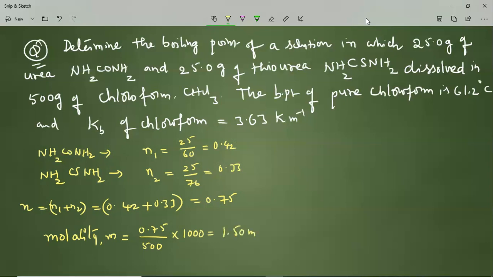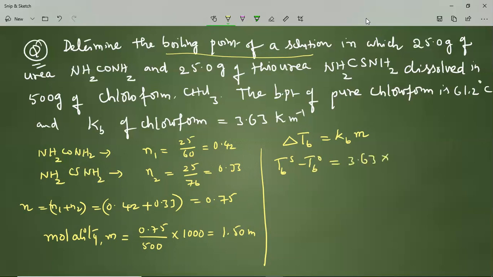So in this solution, molality is directly proportional to delta Tb, so delta Tb is equal to Kb into molality, and delta Tb is Tbs minus Tb naught, that is equal to the Kb value 3.63 into the molality value 1.50.